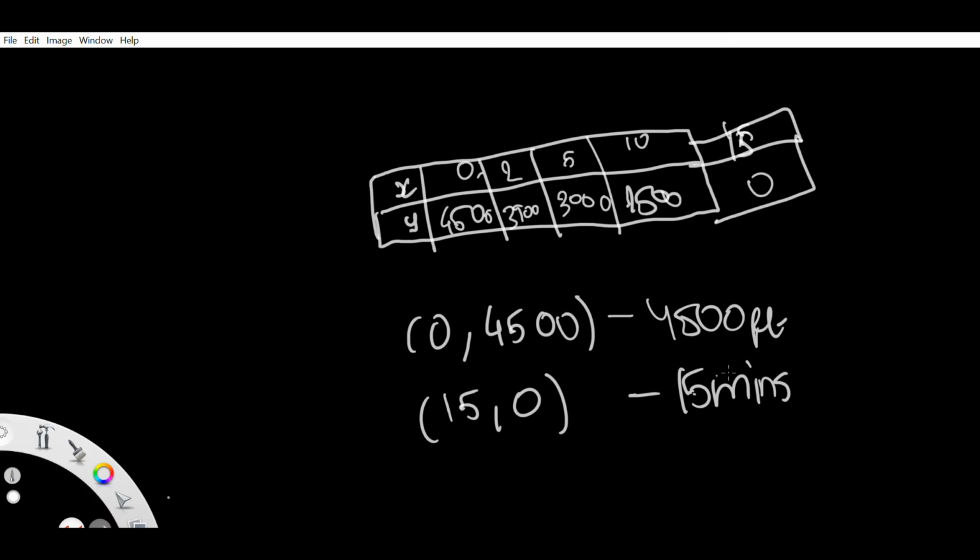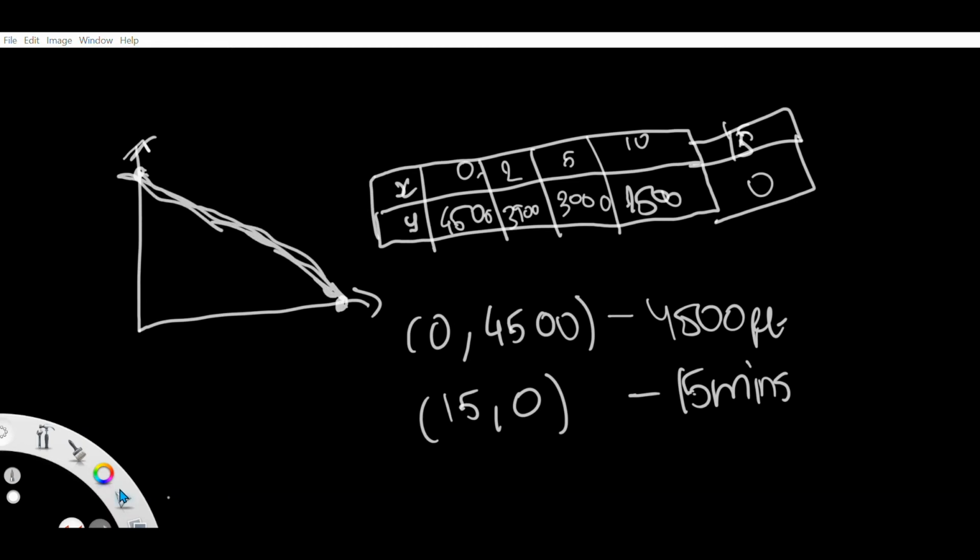And suppose they ask the significance of this, so we can say that the 4500 feet gives us the height of that specific object at 0 seconds, so the initial height, and 15 minutes gives us the number of minutes it takes for that object to fall to the ground. And the graph would look something like this.